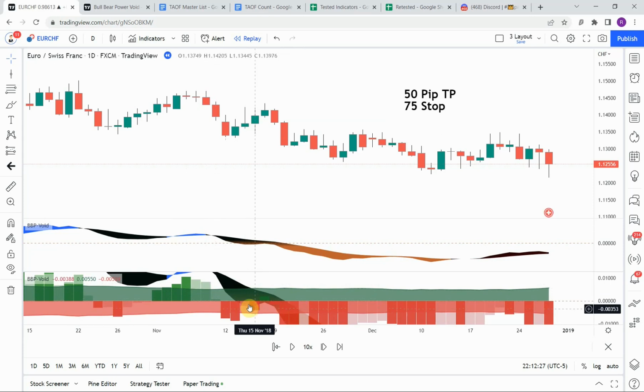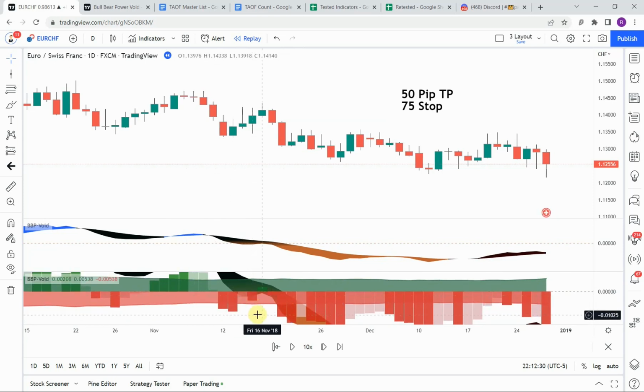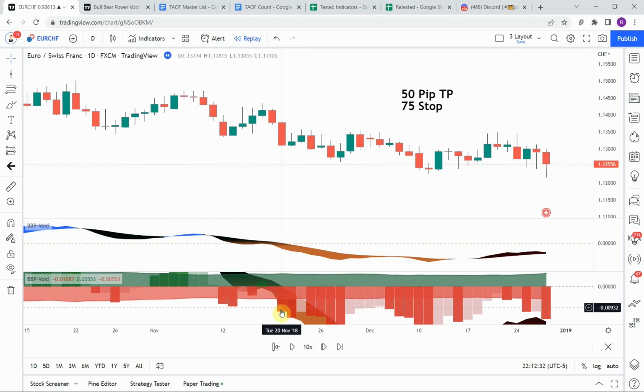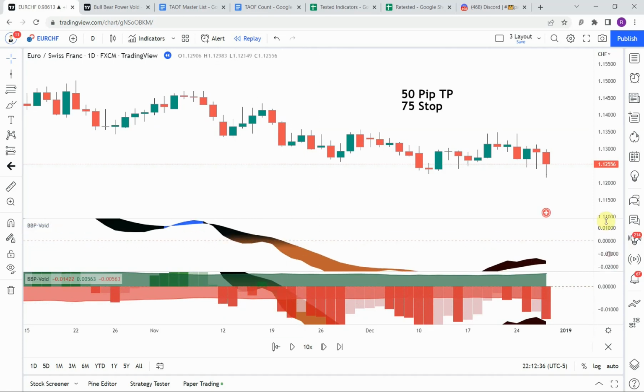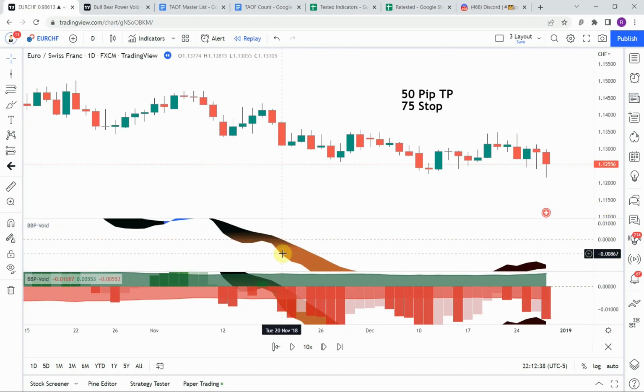Then the second part was that at the same time we got that breakout, say to the downside, this ribbon needed to be in the brown/bronze color position, and not in the black or the blue. And it was a little bit hard to see right here as an example.